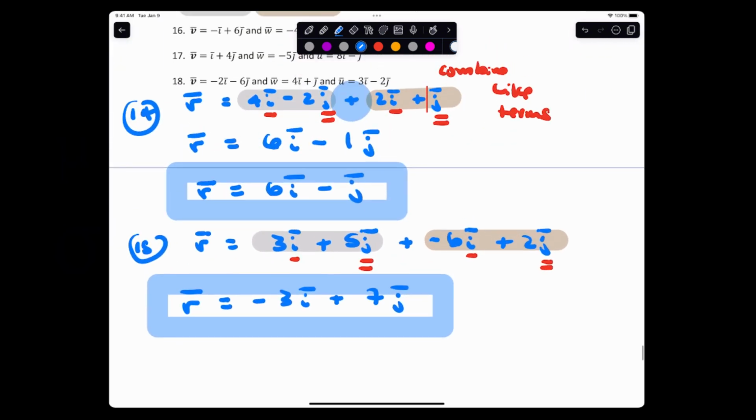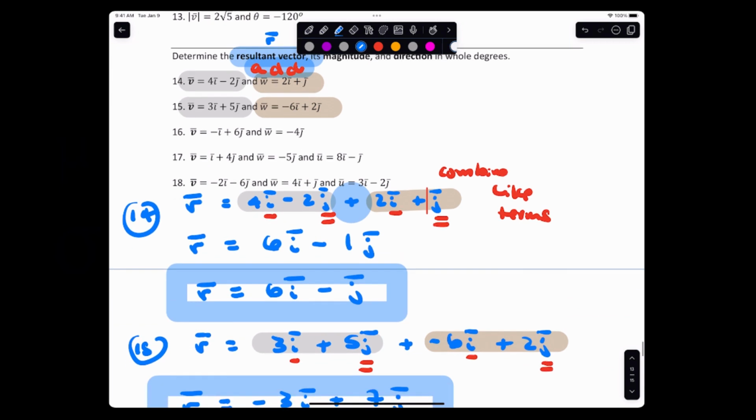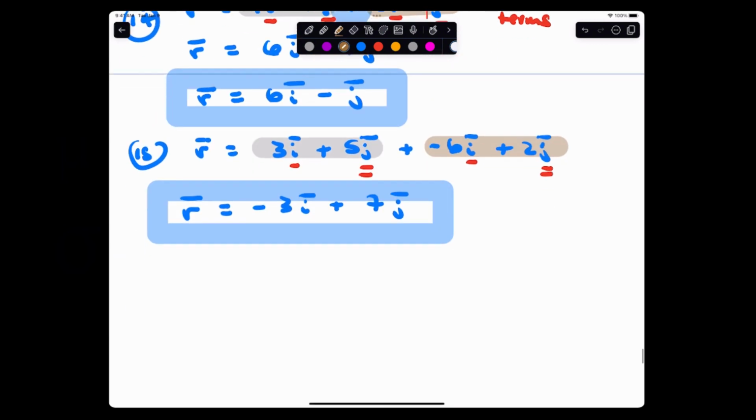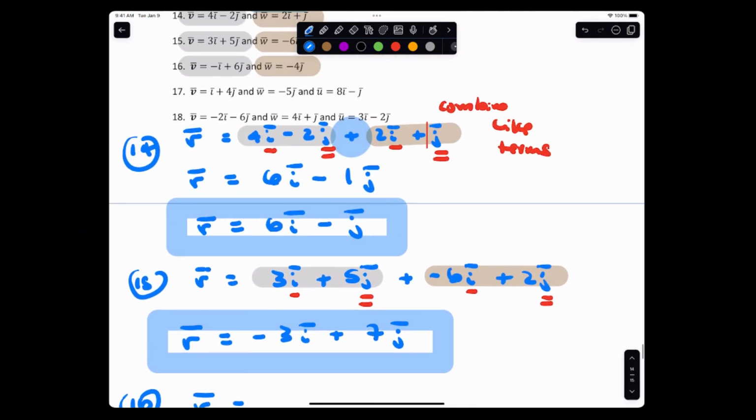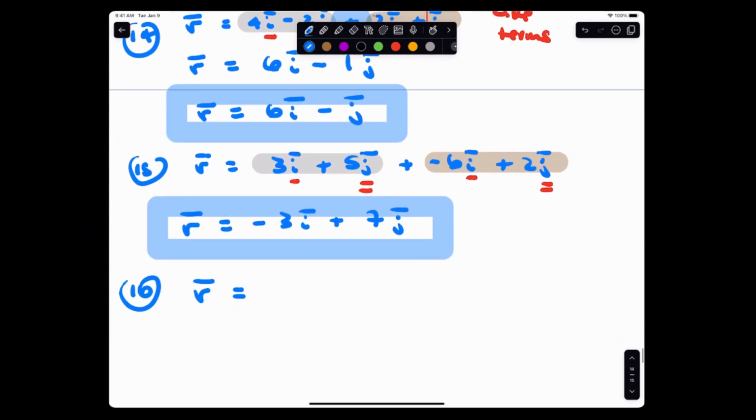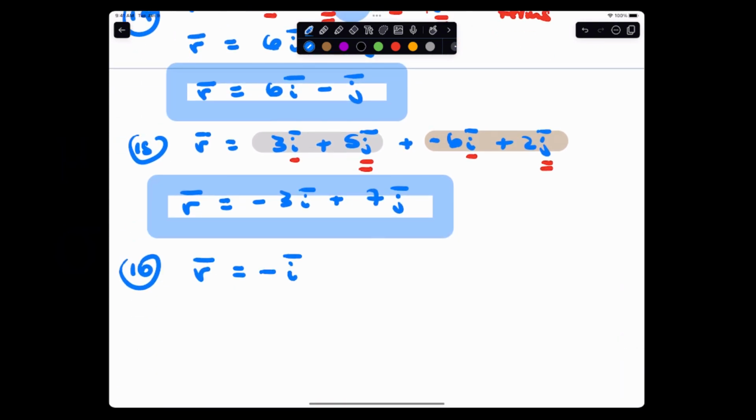And I'm going to skip down to number, well, let's do 16 here. Let's get the resultant vector. So you're going to take vector negative i plus 6j.